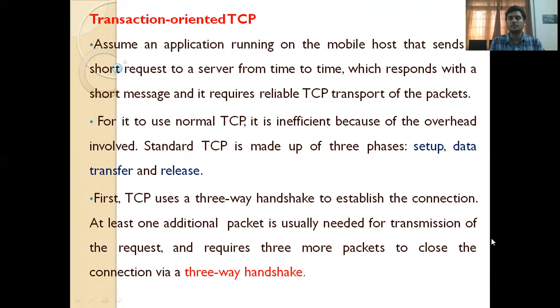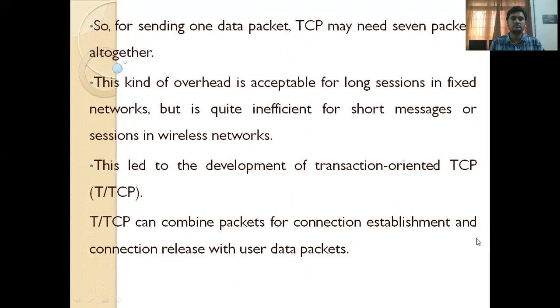First, TCP uses a three-way handshake to establish the connection. At least one additional packet is usually needed for transmission of the request, and three more packets are required to close the connection via a three-way handshake. So for sending one data packet, TCP may need seven packets altogether.